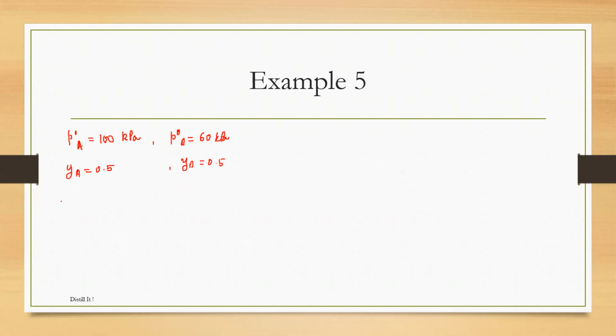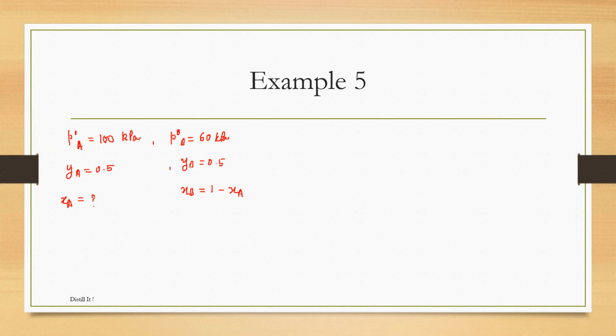Then let us assume that mole fraction of A in the liquid phase is XA. This value we don't have. We are going to assume it as XA. Therefore, XB, the mole fraction of B in the liquid phase, is going to be equal to 1 minus XA, since we know that summation of mole fractions is equal to 1.